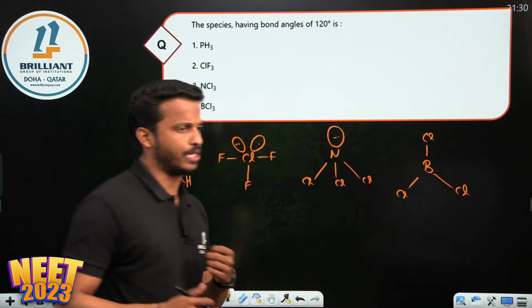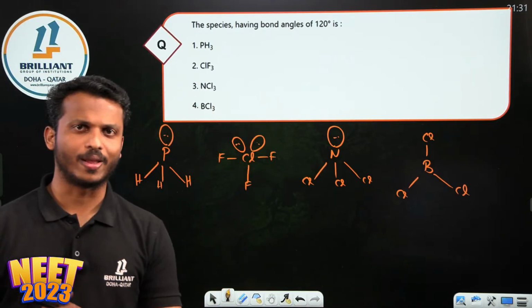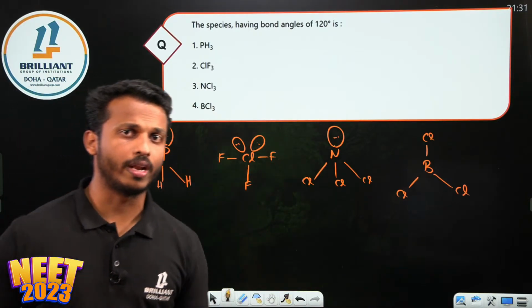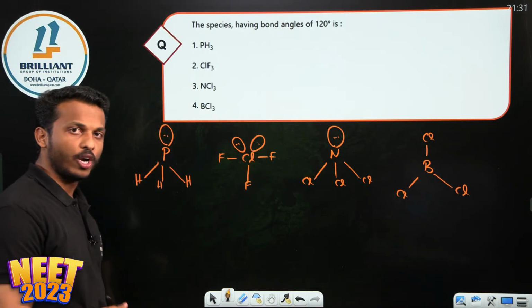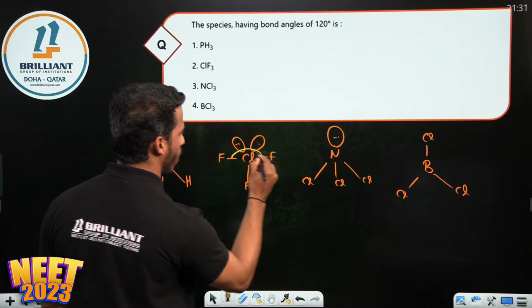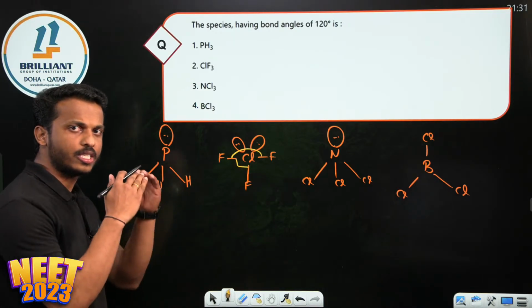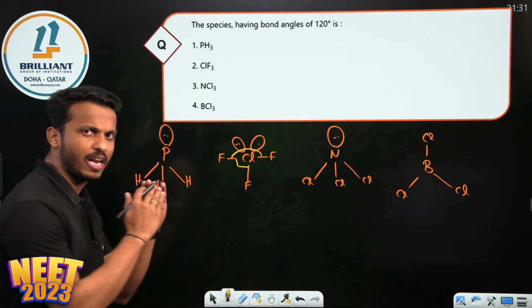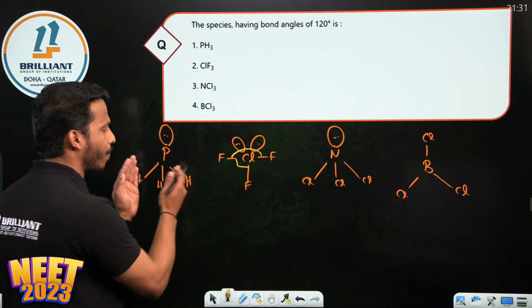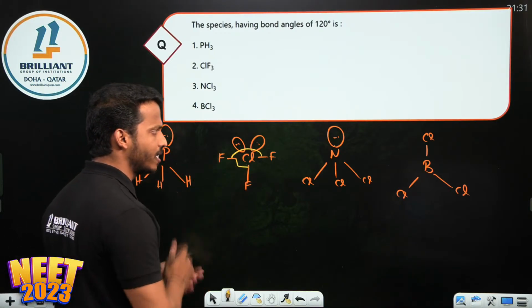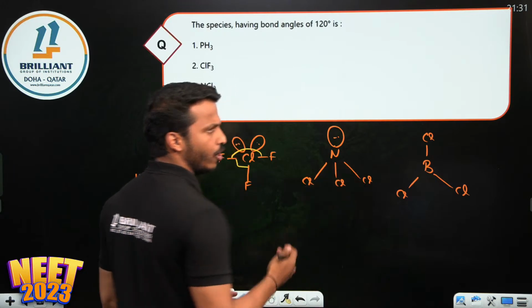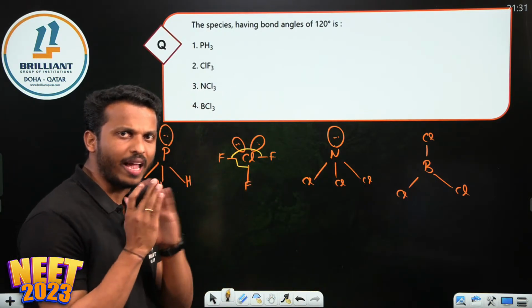Where you can observe, dear all, there is a bond angle of 120 degrees. Here you can see this is 180 and this is 90. PH3 and all, it's lesser, about 93, very small because of lone pair, bond pair repulsion. Even this is lesser. And NCl3, ammonia and all, are around 107.